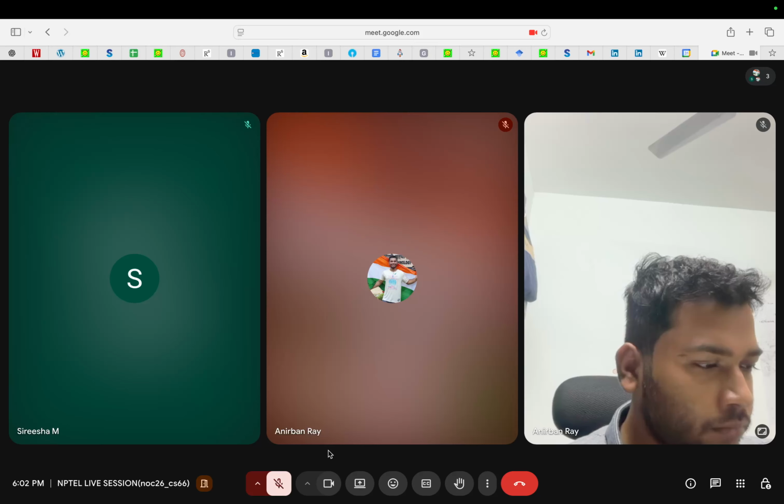So you flatten this image into a vector of dimension 150 multiplied by 150, whatever that is. Clear? Each pixel is actually a feature here, you understand?